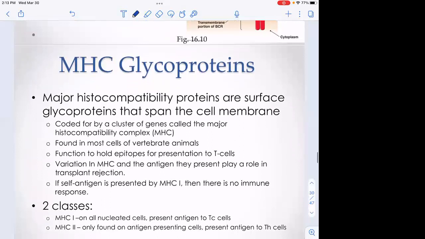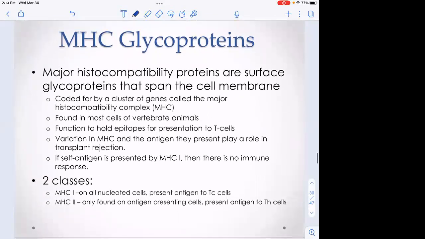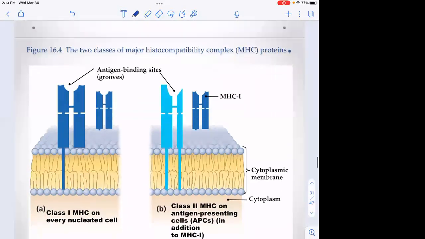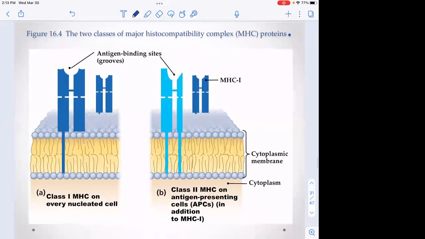Okay, these MHC glycoproteins, I'm going to come back to this and just make sure I talked about all those things, but I think it's easier to introduce when we have a picture in front of us. So I'll come back to that in a minute. So we have MHC genes that make the MHC proteins, glycoproteins, from the genes.